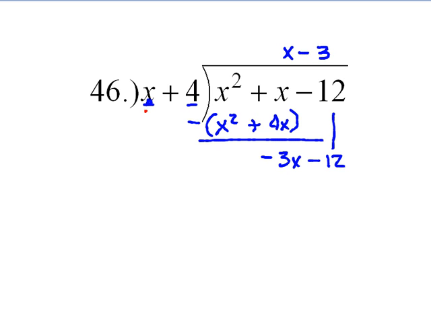Negative 3 times x is negative 3x, and negative 3 times 4 is negative 12. Long division says subtract the second line, and we end up with 0.